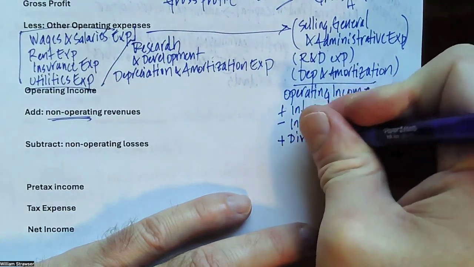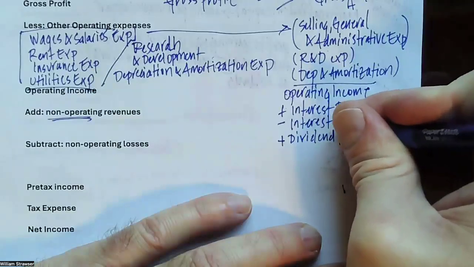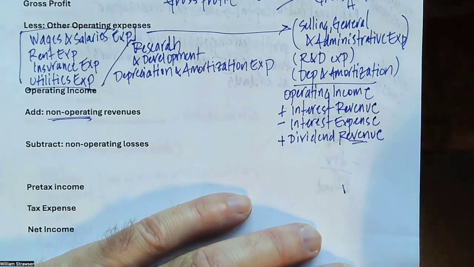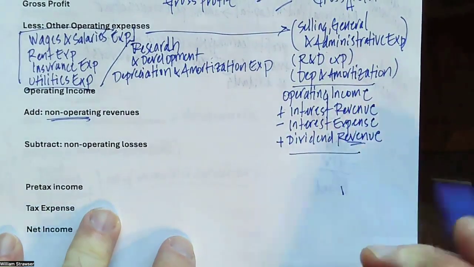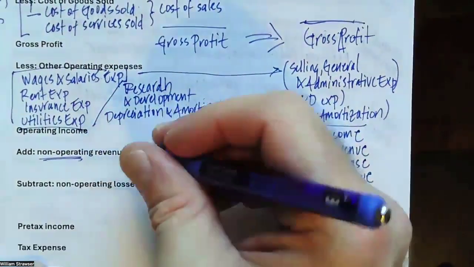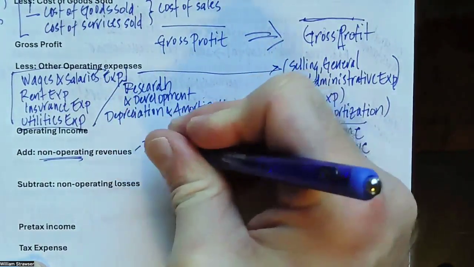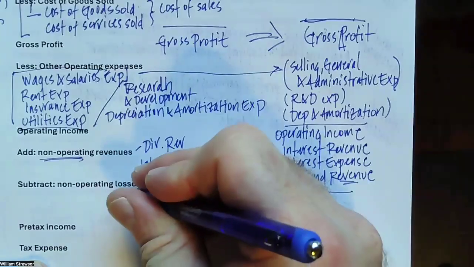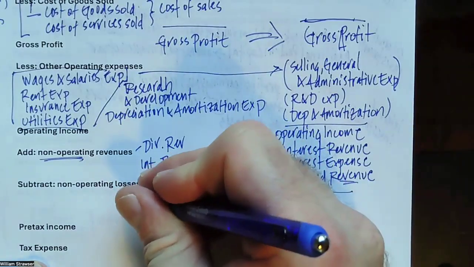And understand that this dividend revenue is our money received from owning other company stocks. So companies will often own other company stocks and trade them like any individual investor would, but also sometimes they'll hold just for the dividend revenue. So the non-operating revenues were that dividend revenue and the interest revenue, and the non-operating losses, expenses, that would be interest expense.